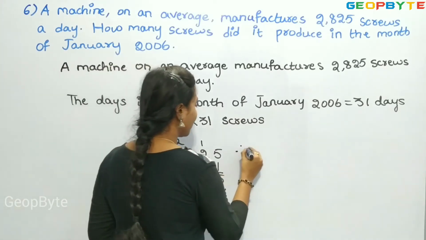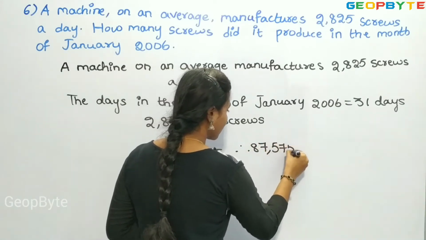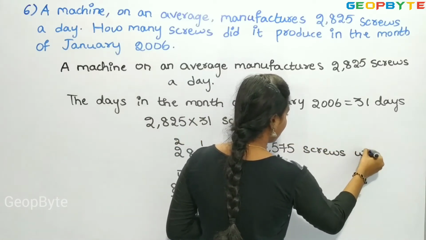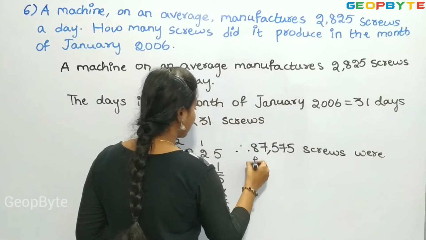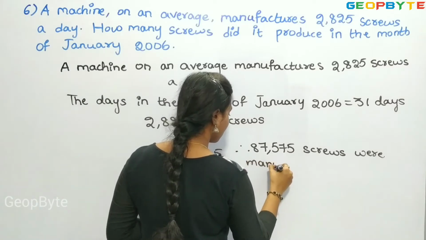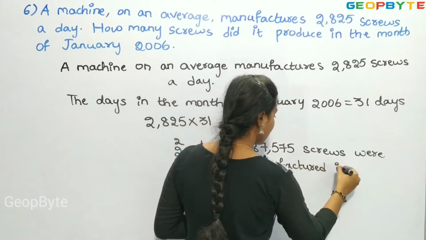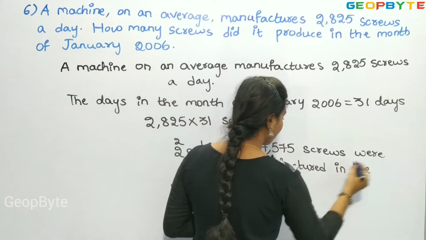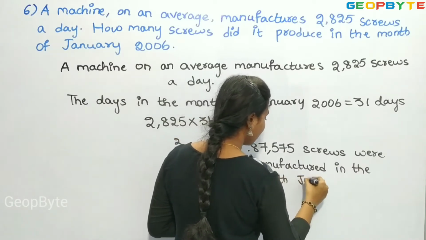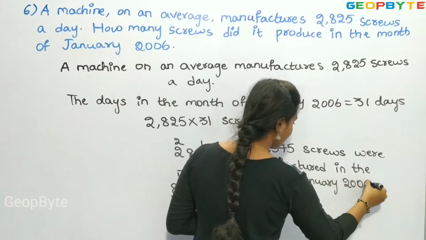Let us write, therefore, 87,575 screws were manufactured in the month January 2006.